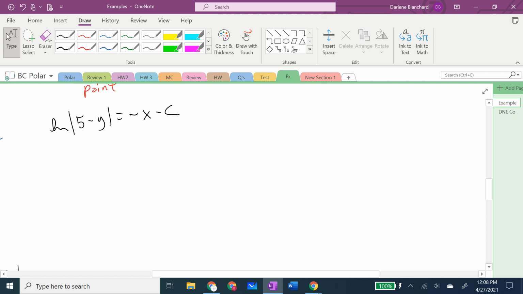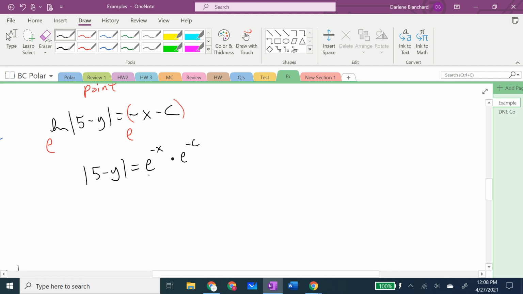Now, e to the power both sides. And you probably know where this right side is going. This is going to turn into e to the negative x times e to the negative c.